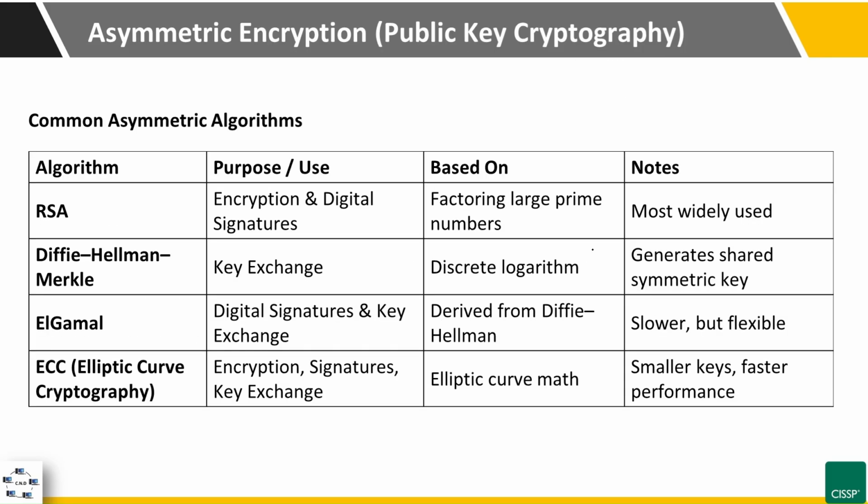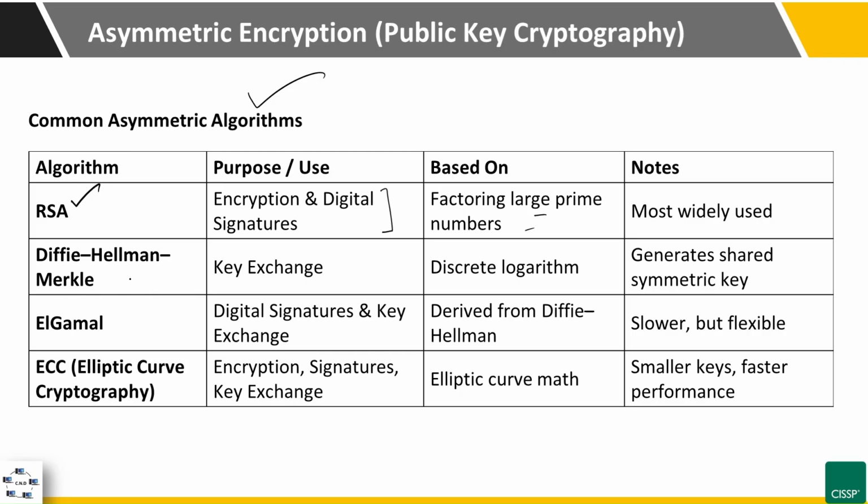Some common asymmetric algorithms include RSA, and RSA is used for encryption as well as digital signatures. As we studied, digital signatures are used for authenticity. It is based on, as I said, factoring large prime numbers, and it is the most widely used public key algorithm.